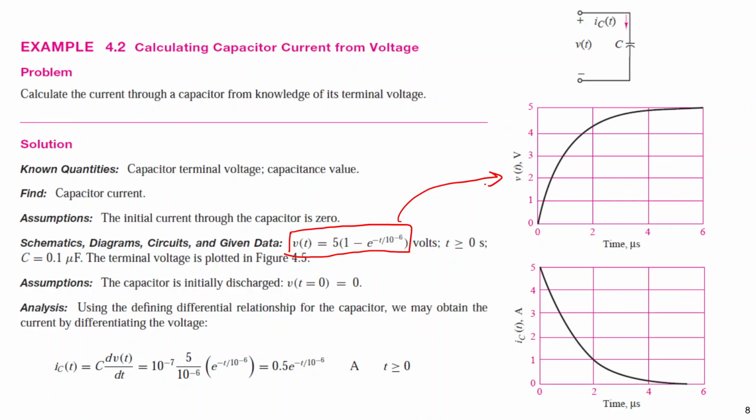We slightly increase the voltage in exponential form, and it will saturate at 5 volt. After 5 volt, almost nothing changes, an almost constant voltage. The capacitance is 0.1 microfarad.